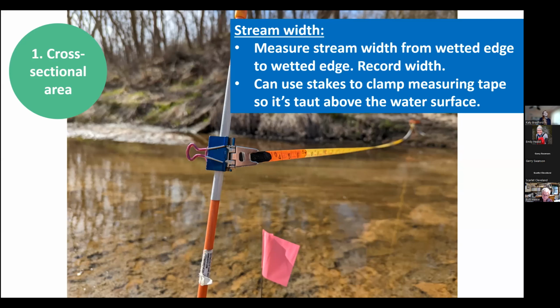You can use stakes of any kind to clamp the measuring tape so it's taut over the water surface if you don't have enough people. In this example, I just used a binder clip and attached it to a stake. I've used tomato cage stakes before. Whatever you have on hand is great, so the tape can be taut above the surface of the water.